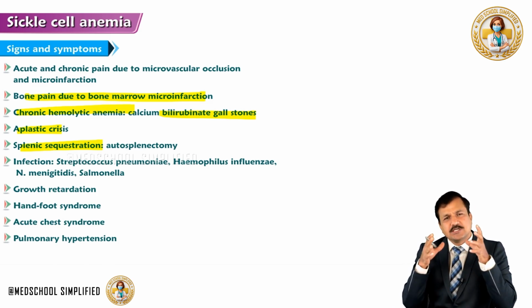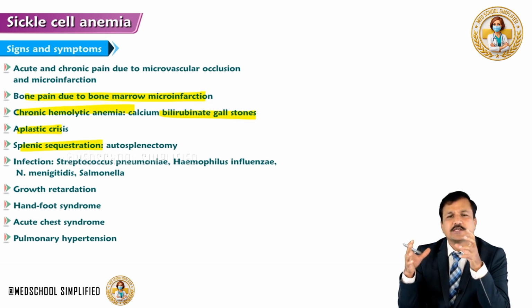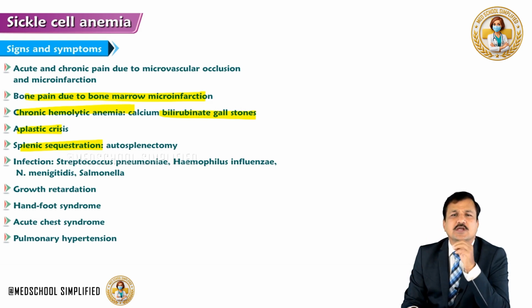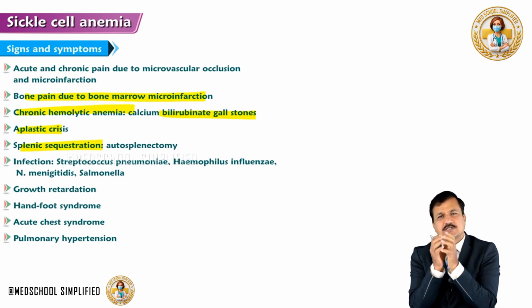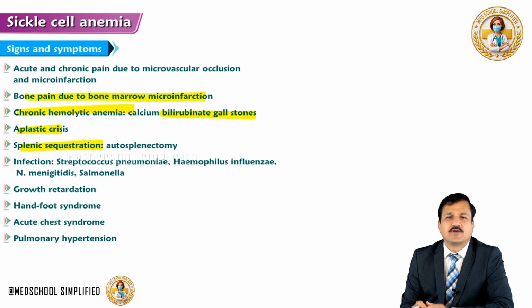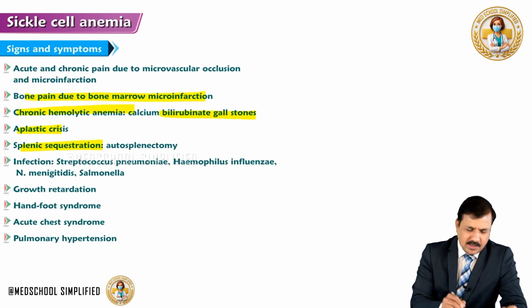And because of this, the spleen enlarges during the first year of life, leading to splenomegaly, and later the spleen will undergo fibrosis over time, and fibrosis induces autosplenectomy. So autosplenectomy is a spleen which is fibrosed and does not have a significant anatomical function, and that is what is referred to as autosplenectomy.